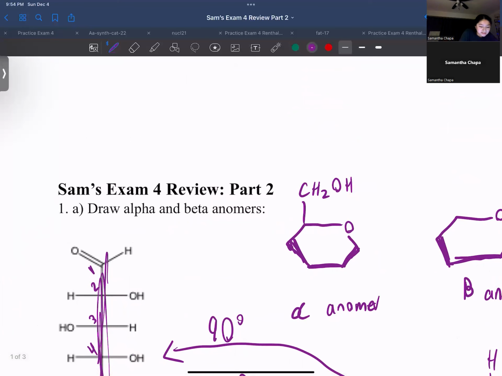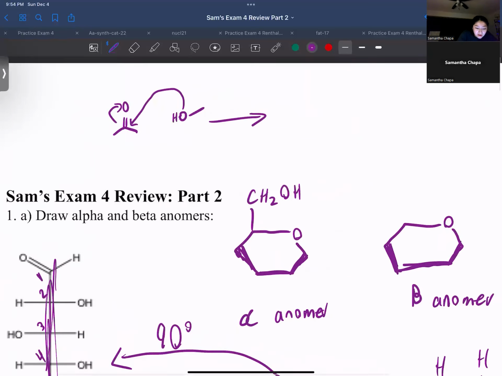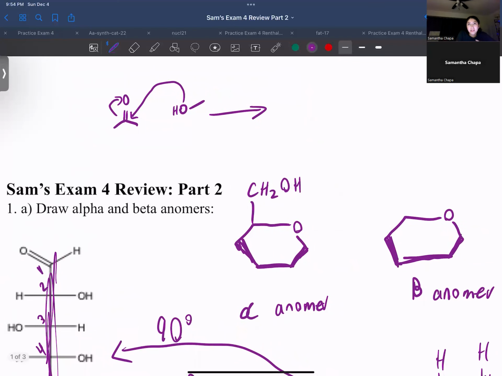So let me just sidetrack right here. It's like if we're going from a ketone and we're attacking with an alcohol. And so remember that all this does is this is your nucleophile, it attacks. And at the end, if I'm only using one alcohol reagent, one equivalent, then I'm going to get a hemiacetal.